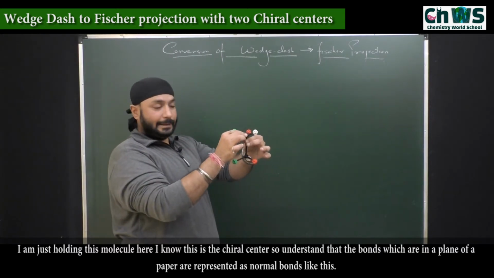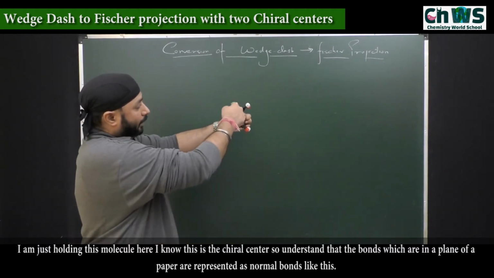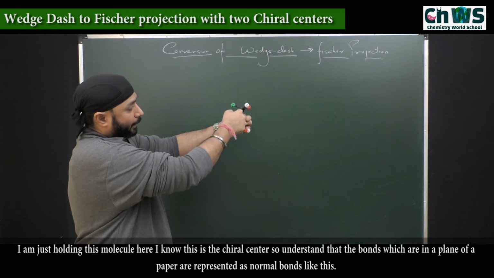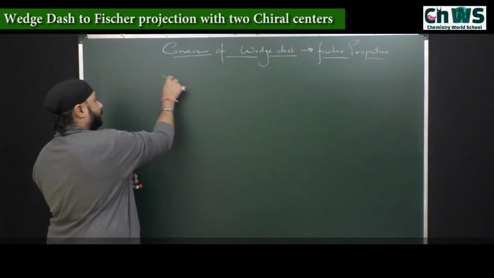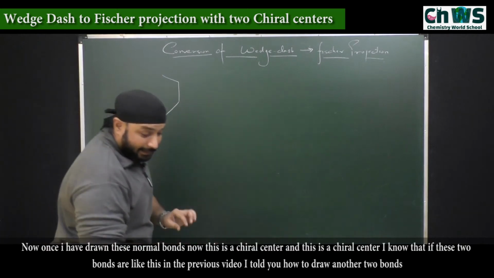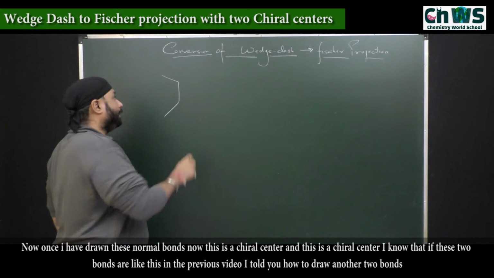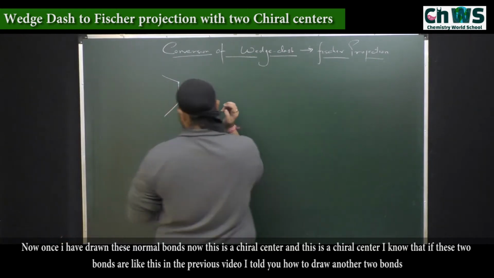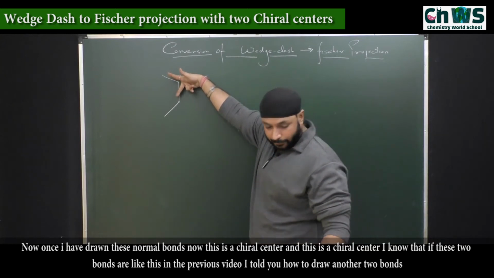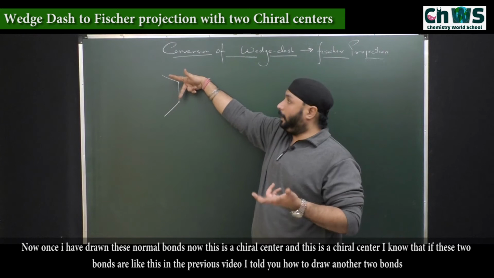I know this is a chiral center, this is a chiral center. So understand that the bonds which are in the plane of the paper will be represented by normal bonds here, like this. Now once I have drawn these normal bonds, this is the chiral center, this is the chiral center. In the previous video I told you how to draw the other two bonds.